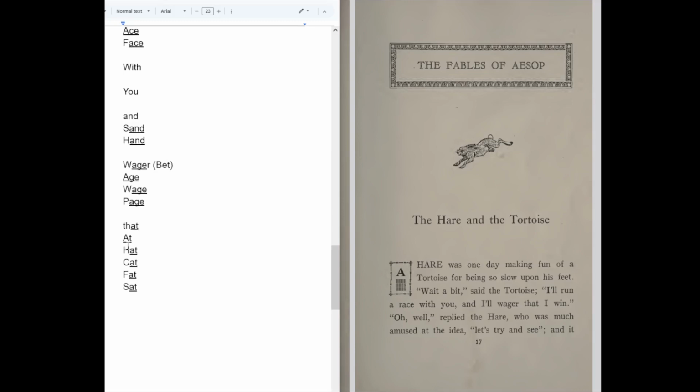Okay? A lot of words have AT at the end, including the word itself, at. And I'll wager that I win.